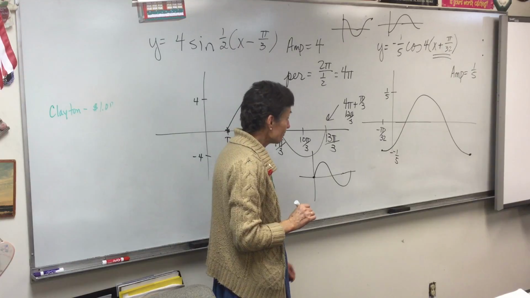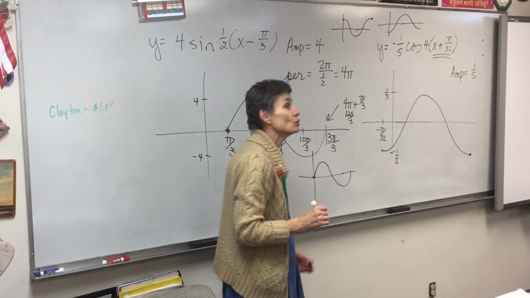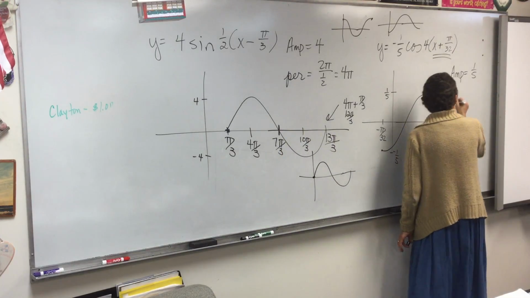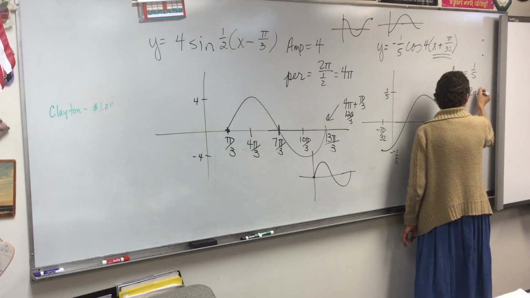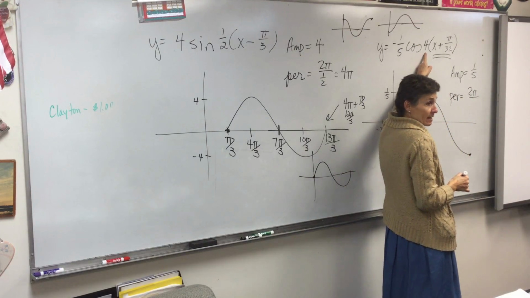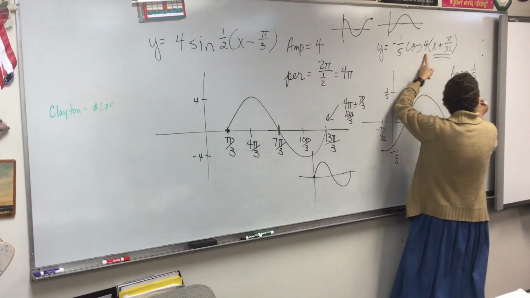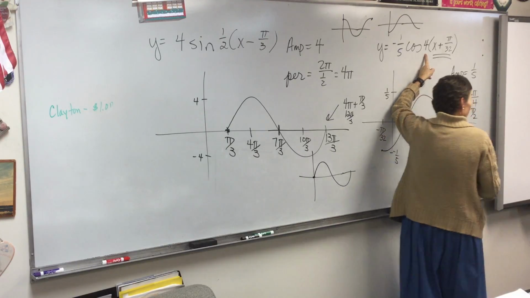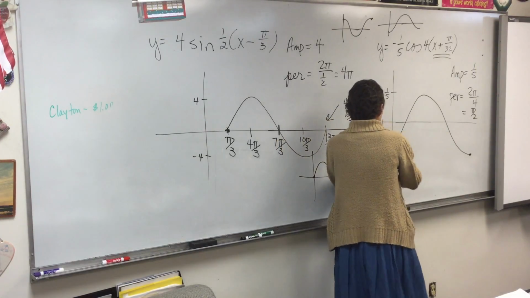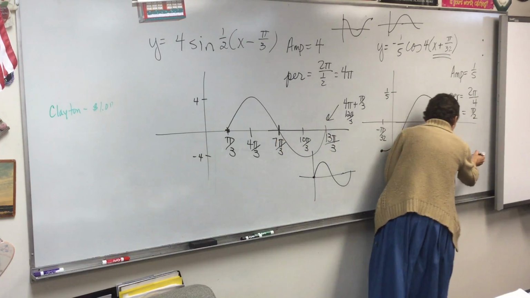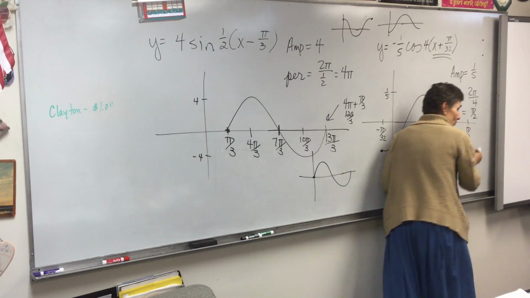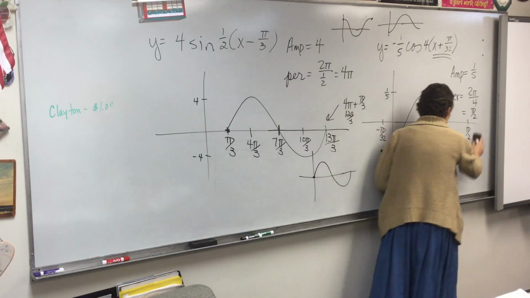Now, in order to figure out where it ends, I have to know what the period is. What is the period normally? 2 pi. But I have stuck a number in there, right? So my period is half a pi, pi over 2. Now that means from here, from dot to dot, is pi over 2. Does that mean this label is pi over 2? No, because I didn't start at 0.